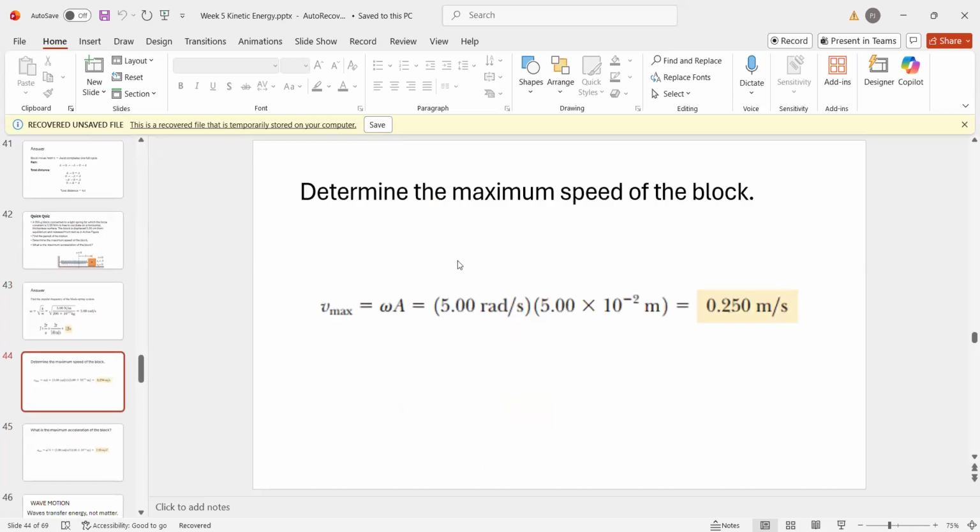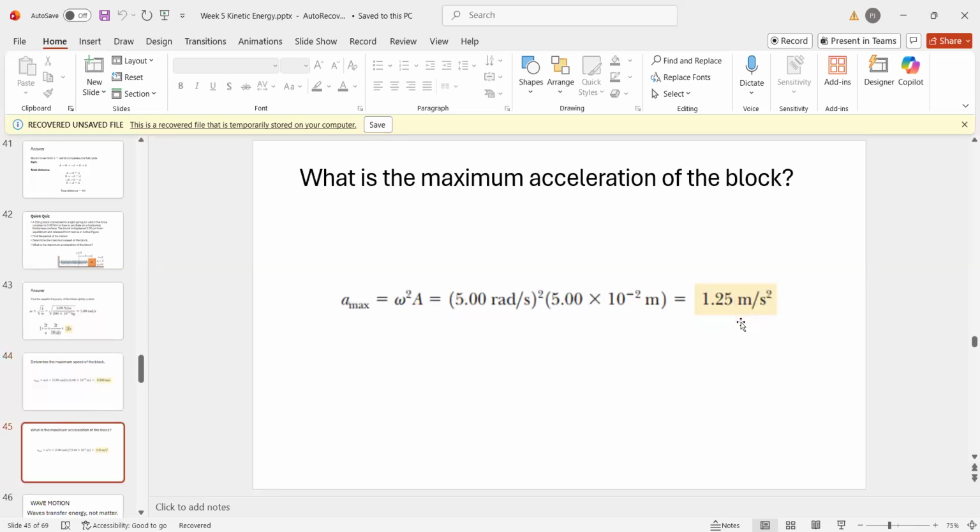So they want to determine the maximum speed of the block. As we know, the maximum speed is omega times the amplitude. So the omega value is this, and the amplitude value that we have, you multiply, you have 0.25 meters per second.